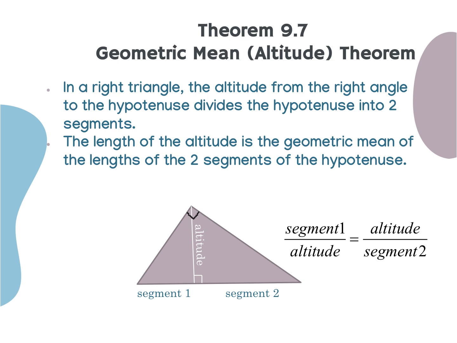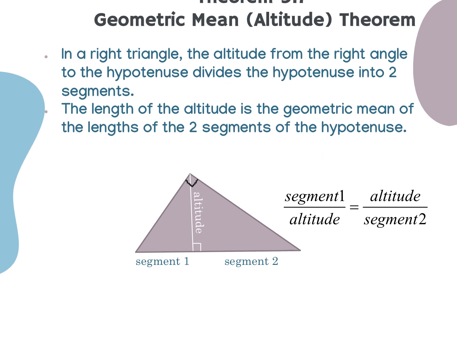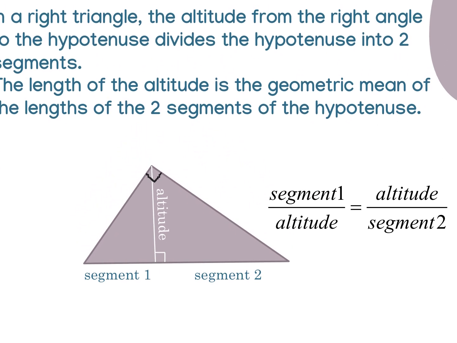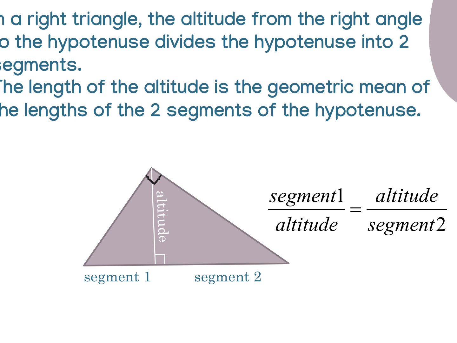All right, geometric mean using the altitude theorem. When you are solving this, your altitude is separating your triangle into two segments. Keep in mind the segments are on the hypotenuse. So in a right triangle, the altitude from the right angle to the hypotenuse divides the hypotenuse into two segments.